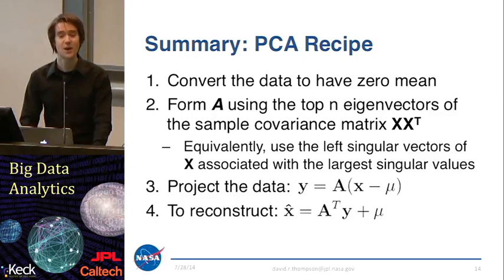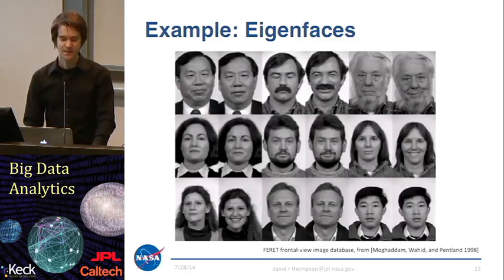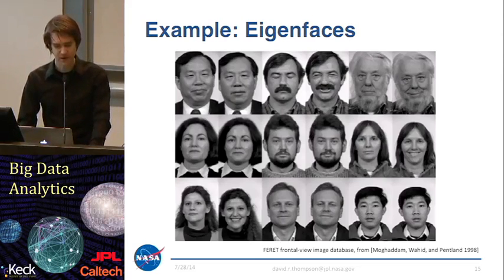I'm going to talk now about one canonical example of principal components analysis, which is called eigenfaces. And they've been doing this for many decades. Here's an example from Moghaddam et al., where they apply this to a fairly well-known data set called the FERET Frontal View Image Database.